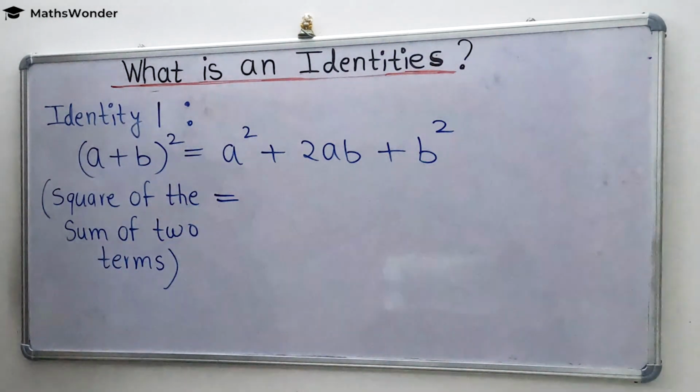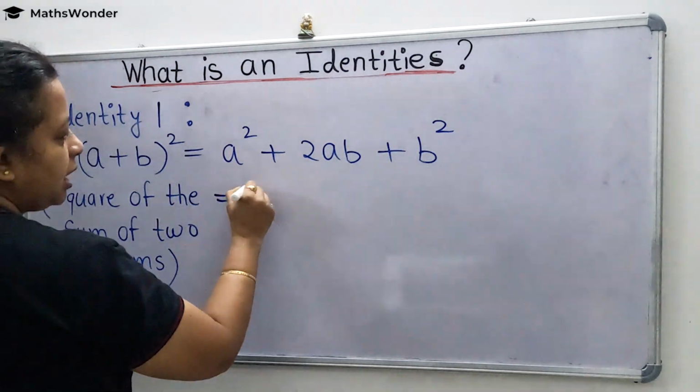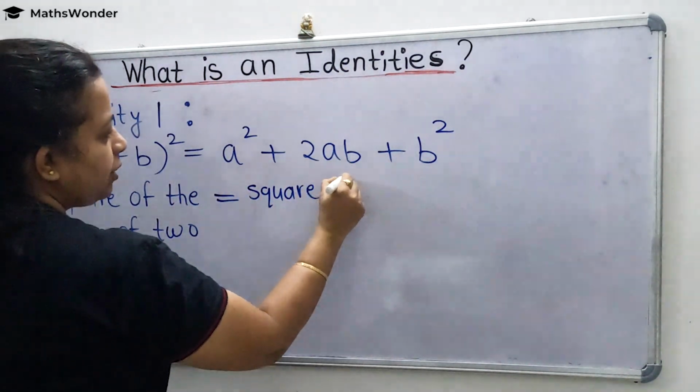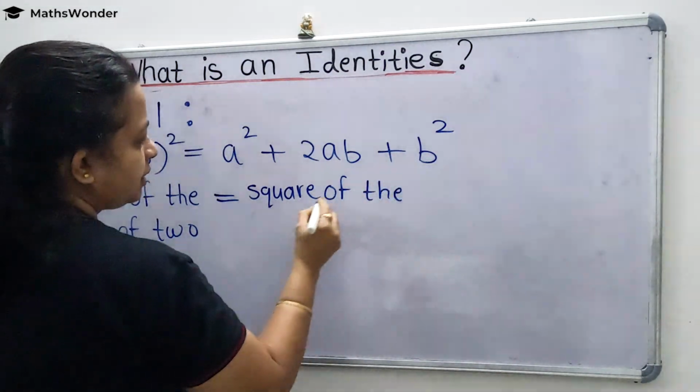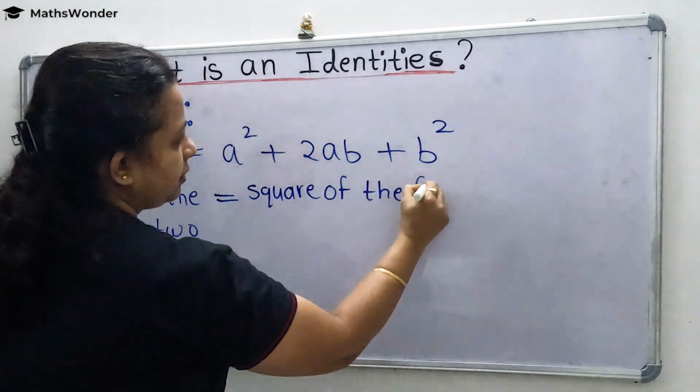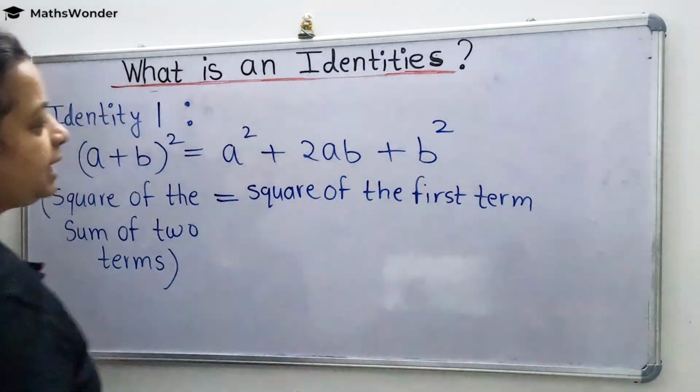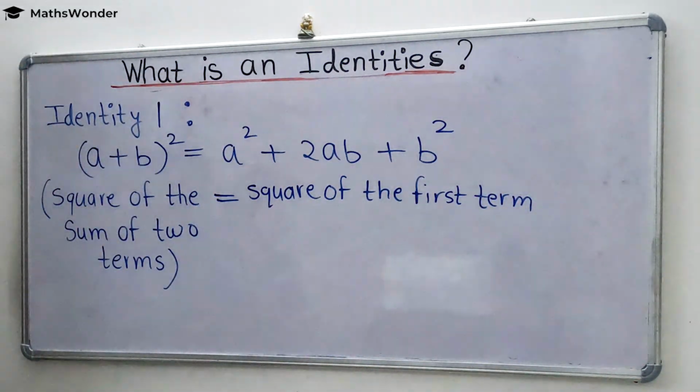In the right hand side, a square is what? Square of the first term. A square means you are squaring the first term, right?